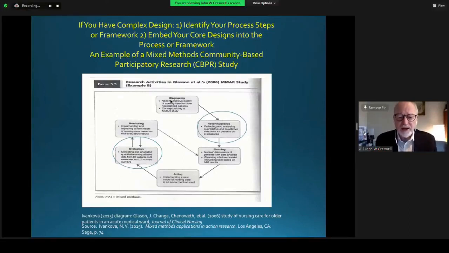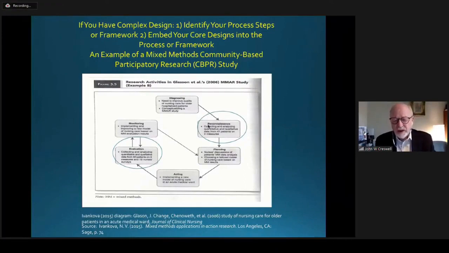She's first going to diagnose the environment, do a reconnaissance, then do a planning, and actually start to implement and evaluate her project and monitor the changes. These are fairly common steps in a community-based participatory research study. So, listing out those steps.